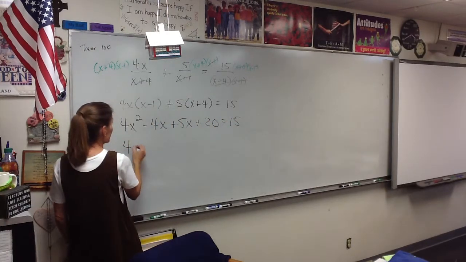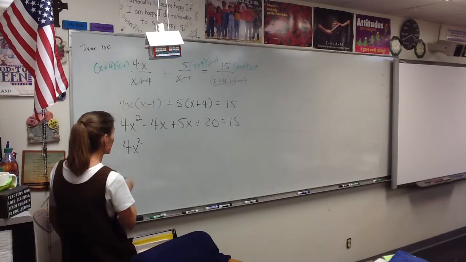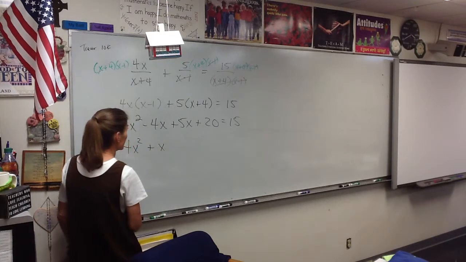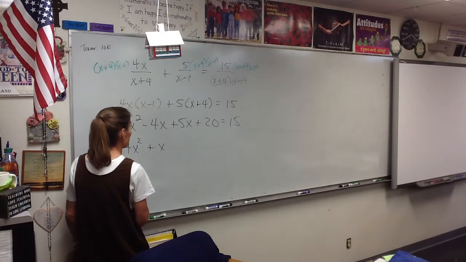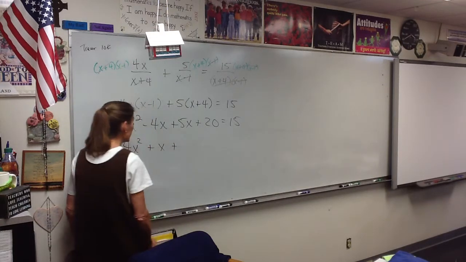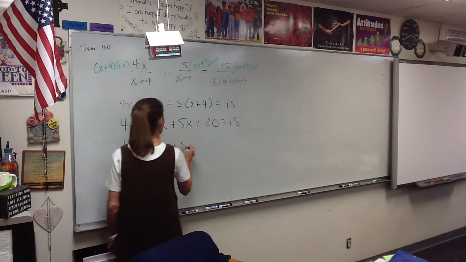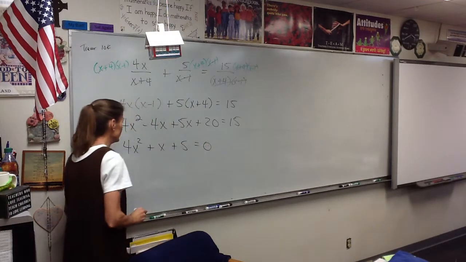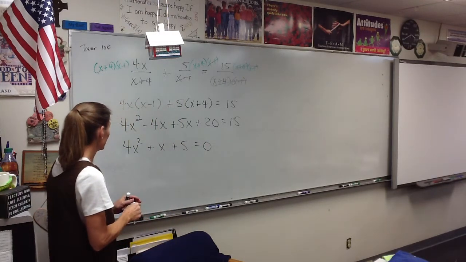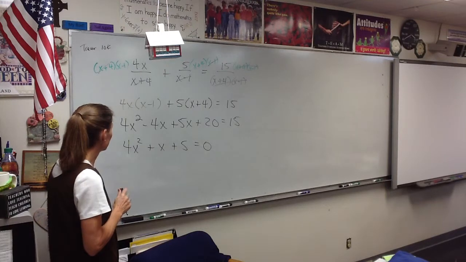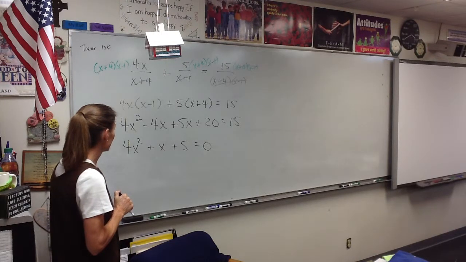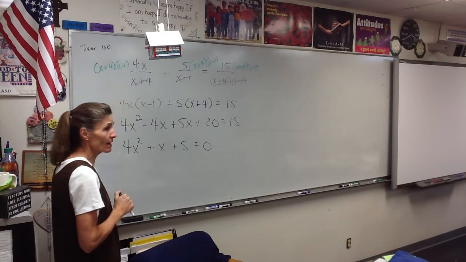So we have a handy dandy little quadratic. 4x squared plus x minus 5, or plus 5. So, alright. You can do borrow and pay back. That's not going to factor.